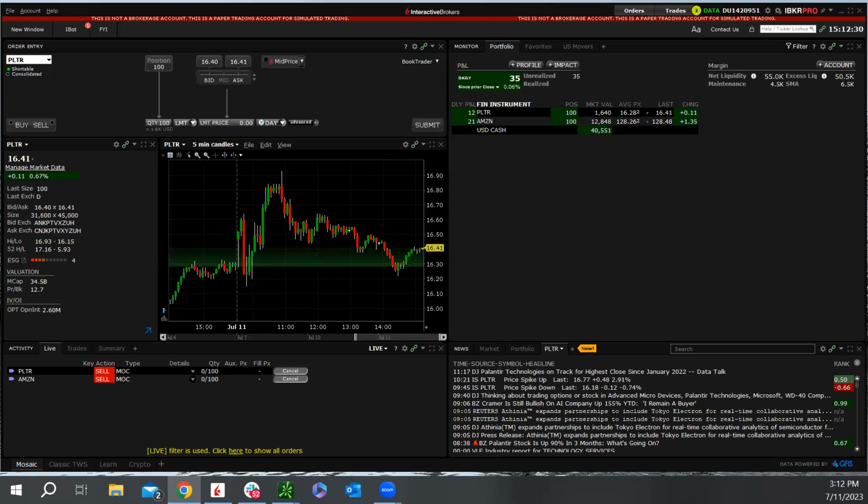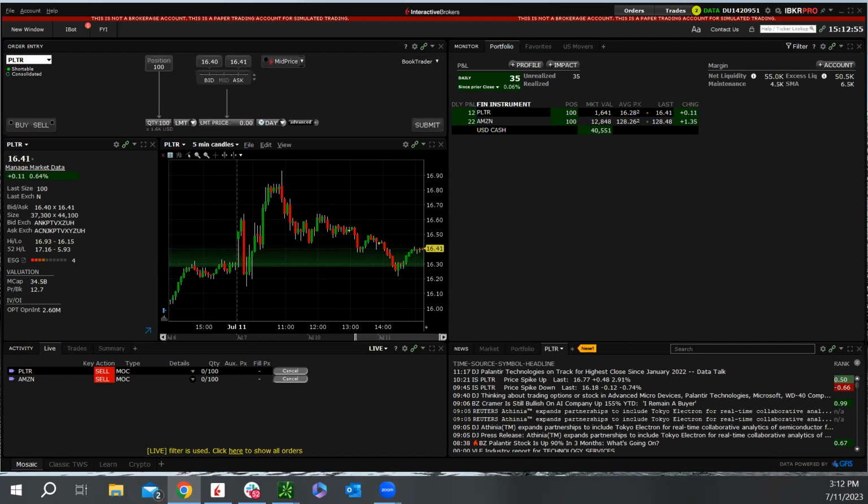Now, unlike the market on close, with a limit on close you specify the price where you want to be executed. Again, you can buy and or sell, and it's going to execute at the limit price if that condition is met, when the market closes at 4 o'clock. Why would you use this?